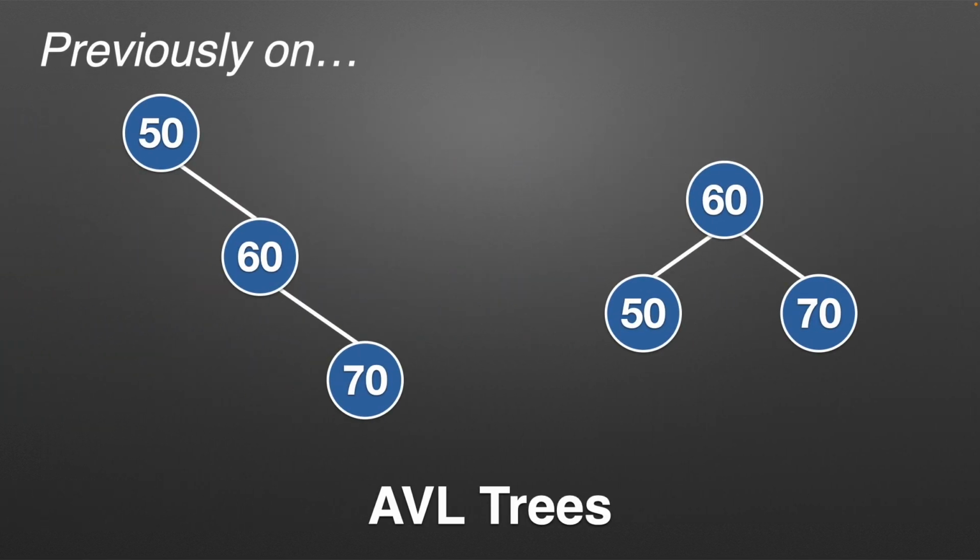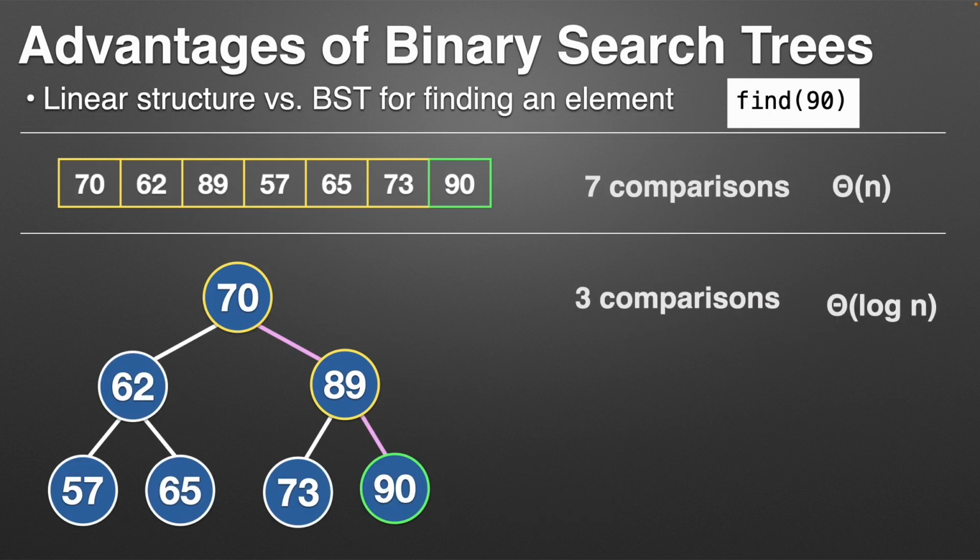All right. So if you remember, long ago we were talking about AVL trees, and in general we've been talking about trees a lot. Then we moved from trees to binary search trees, and then to AVL trees. The reason we wanted to do this is that there are some advantages of the binary search tree in general.